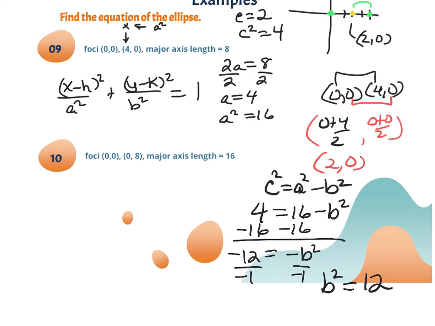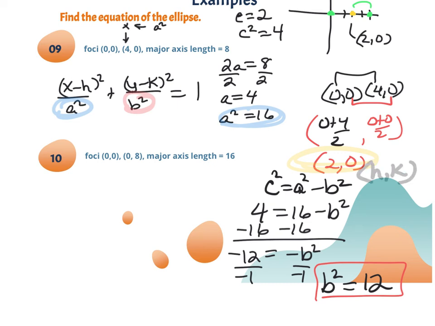So I'm going to go up to my formula. I'm plugging in B squared, I'm going to plug in A squared, and I'm also going to plug in my center, which is the H and the K. So let's plug everything in.